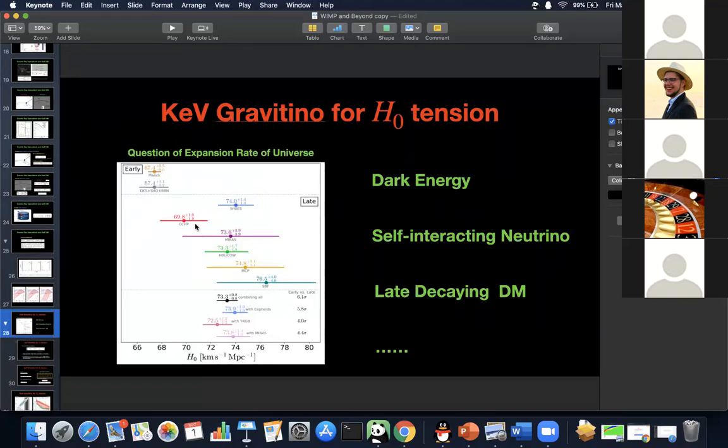The Hubble tension problem is the question of the expansion rate of the universe. There are two values for H0. One is the early measurement from the CMB, and the other is the late measurements. The values are different, and the discrepancy is above 4 sigma.